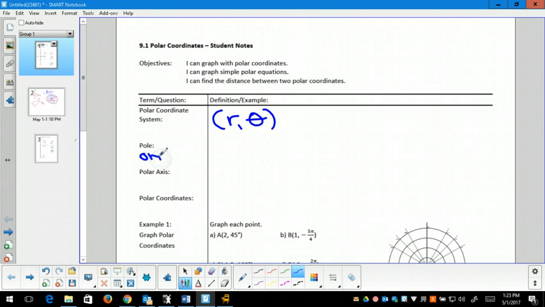Pole is also known as the origin. The radius will tell us which circle it is. Is it on a circle with radius 1 or a circle with radius 2? That's the distance it is from the center, or the pole. And then theta tells us, so r is the distance from the pole.